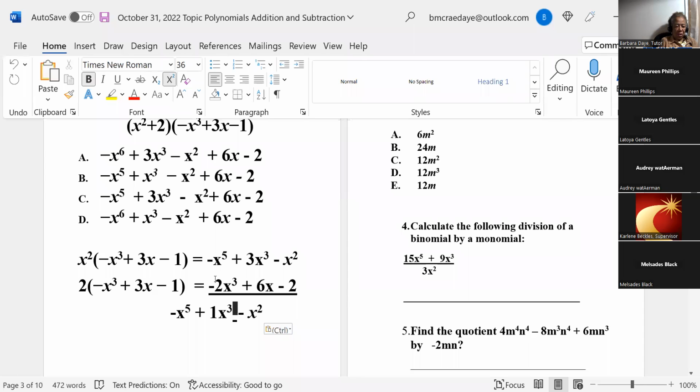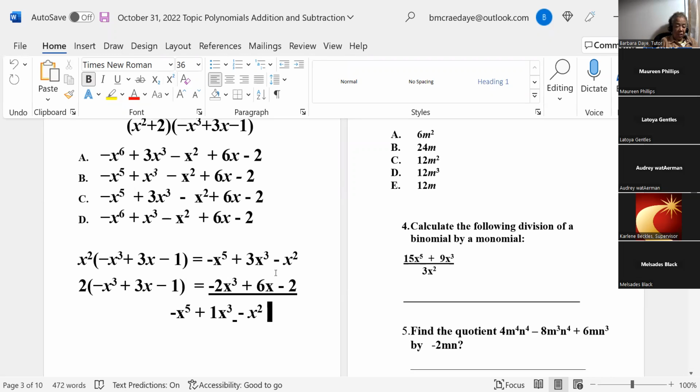This expression, this expression. What goes next, Audrey? X to the first. Now remember, that's the default.